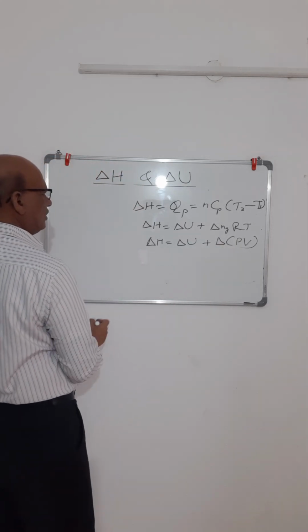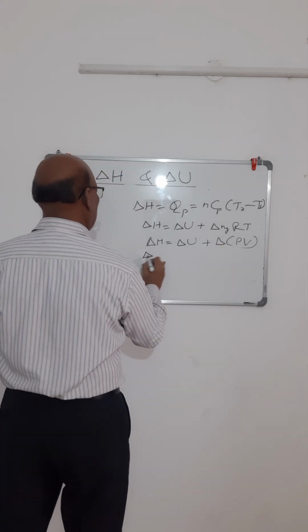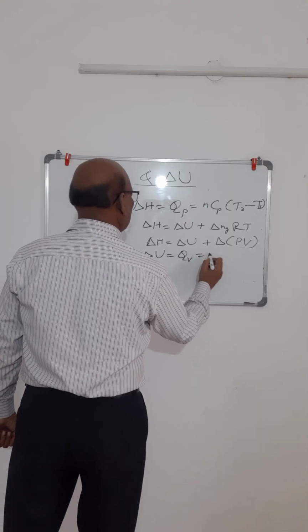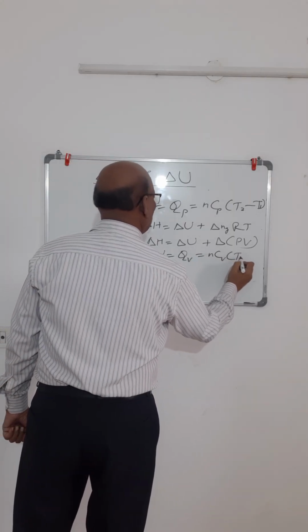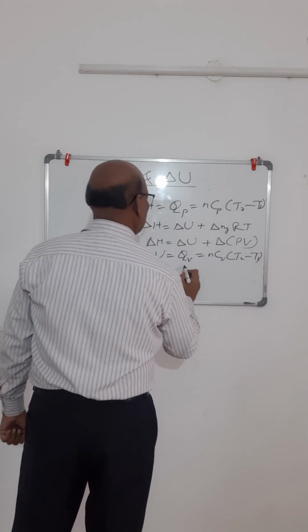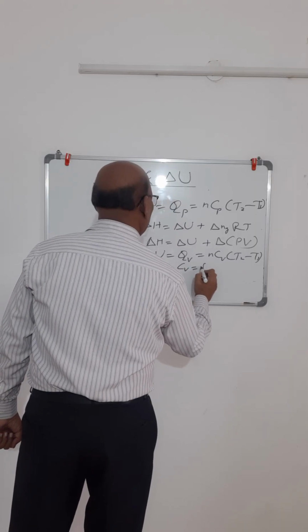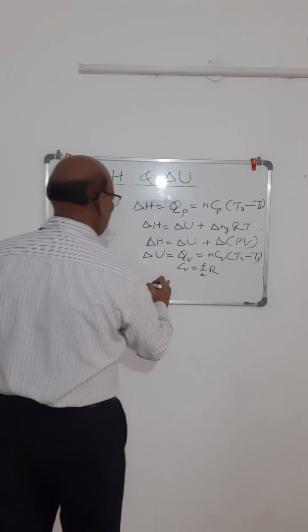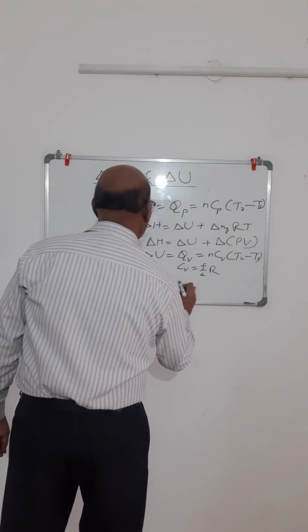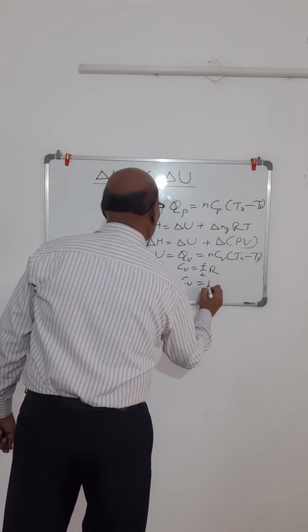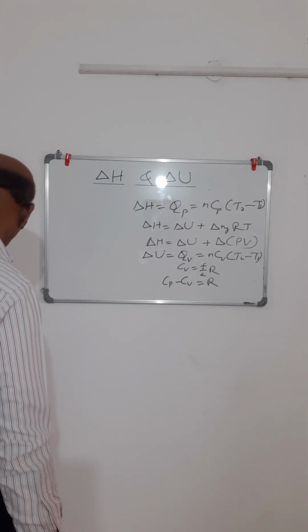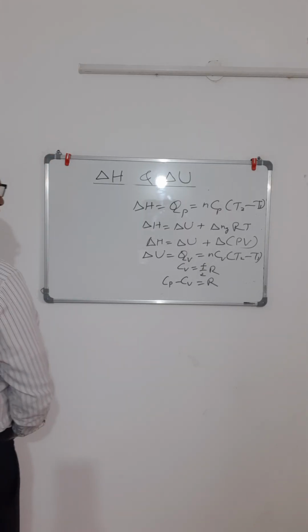This formula you should always remember. And delta U is the heat exchange at constant volume, which is n Cv (T2 minus T1), and Cv is F by 2 R, where F is the number of degrees of freedom, and Cp can be found from Cp minus Cv equals R.